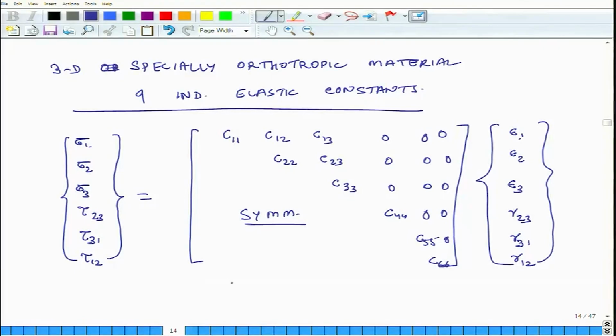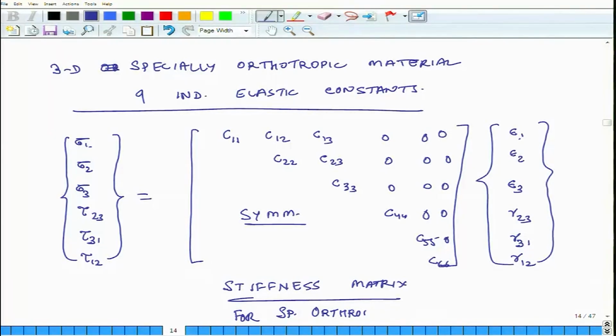So, this is the stiffness matrix for especially orthotropic, and it is a 3D orthotropic material.